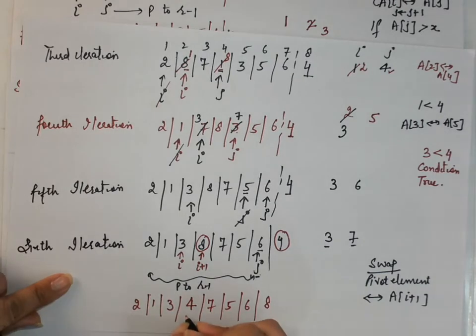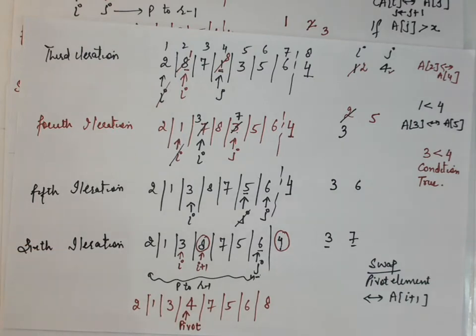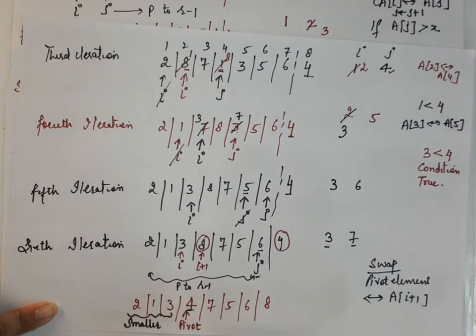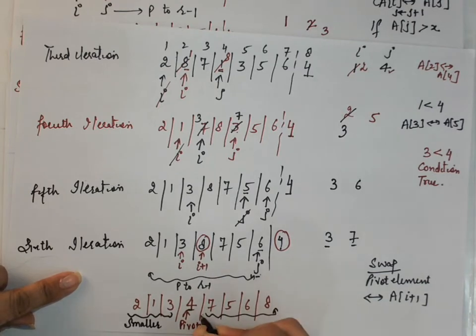Now you see, this is my pivot element, and at the left of this element 4 there are all smaller elements, and at the right of 4 there are all greater elements than 4.